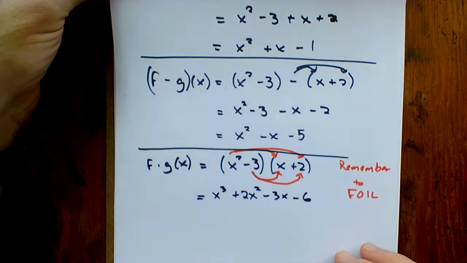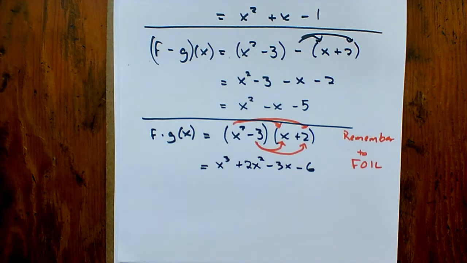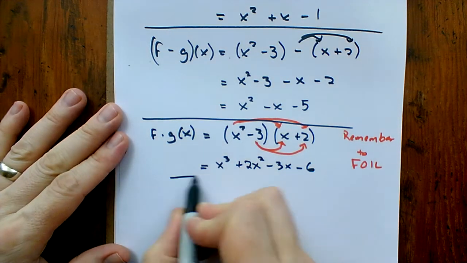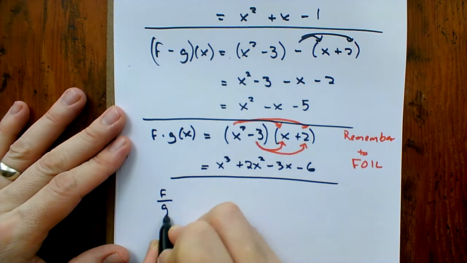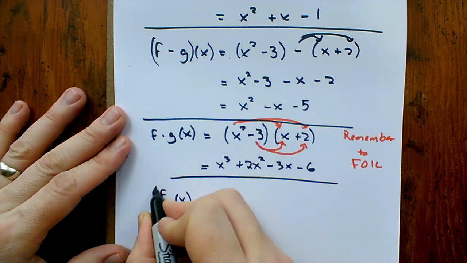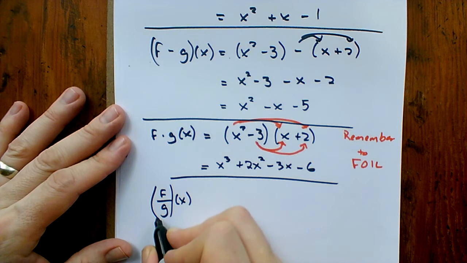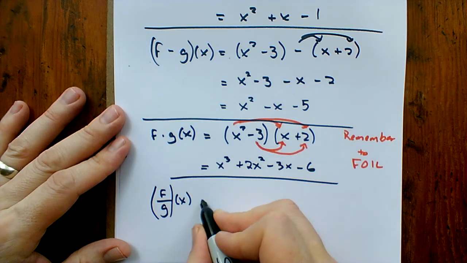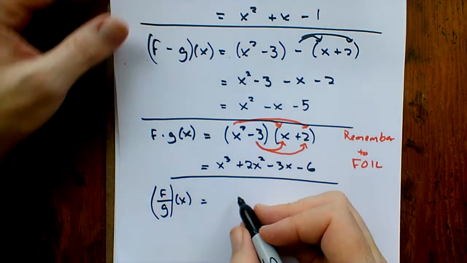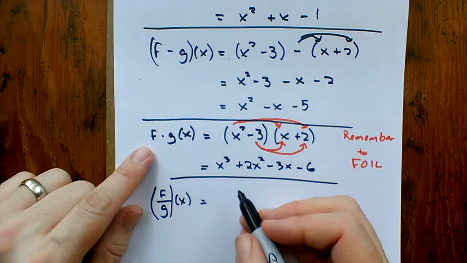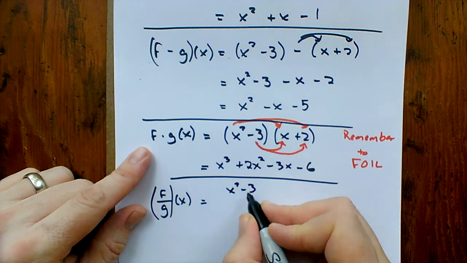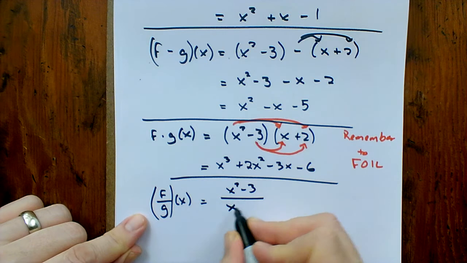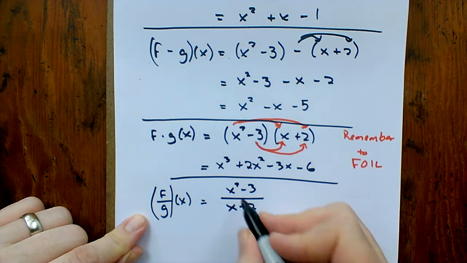We had one last thing to finish out our quick example, and that was our division. So we had f over g of x. Now, if I had g over f, I would just reverse the direction of this, but no worries. So once again, remember that our f function was x squared minus 3, so this is going to be x squared minus 3 over our g of x, which was x plus 2.